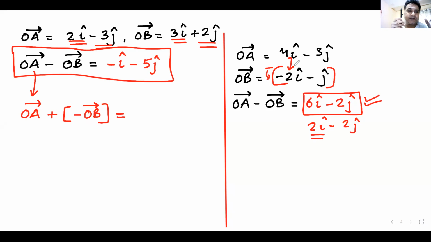Whatever vectors are given, we can break them into i and j and simply add them. But there is a small shortcut that you can use, and now we are going to see that shortcut of vector addition.